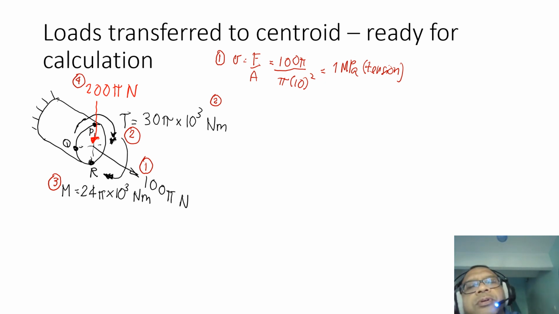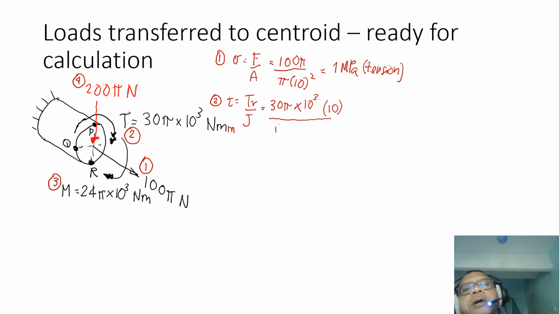So tau equals TR over J. The torque is given there, 30 pi times 10 to the power 3 Newton millimeter, and then R is 10, and then J is pi D to the power of 4 over 32.